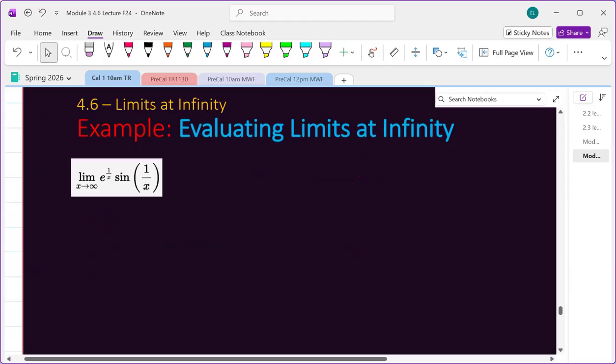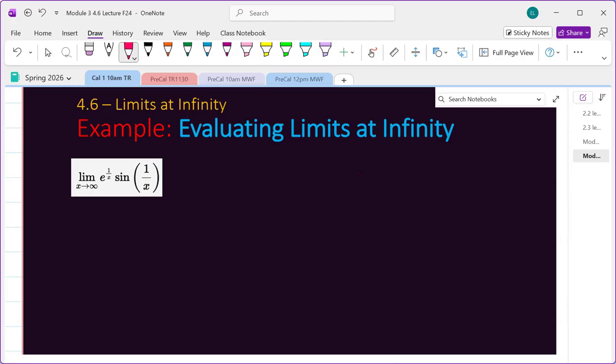Then there's this one. One of our rules with limit evaluating was that if we have a composition of functions, as long as the functions are continuous, I can move my limit inside the functions. Even though we're looking at limits at infinity, these functions are technically not defined at 0, but everywhere else they're defined.